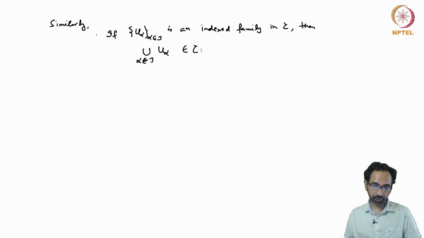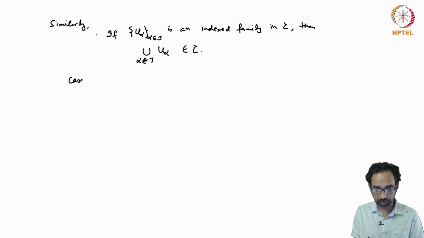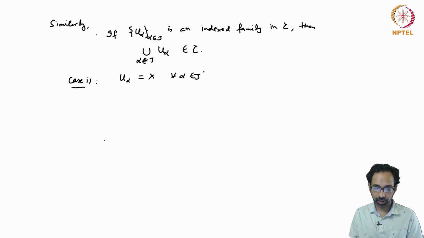So again we can divide this in three different cases, where first is that if U alpha is equal to X for all alpha in J. Then what happens?